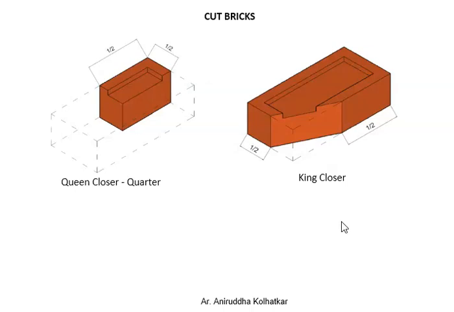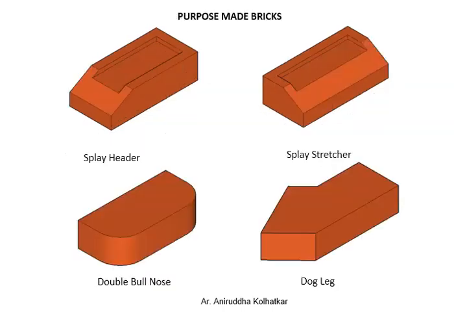Now let us try to see what are the purpose made bricks. So this drawing is now showing you a purpose made brick. The purpose made bricks, as I told you, are bricks which are specifically made of this particular shape. So as you can see, these are molded to this shape. There is no cut actually done, but the mold itself is made out of this type of shape.